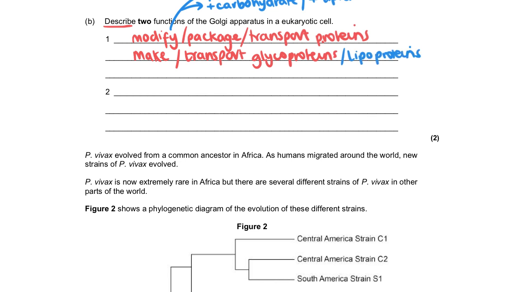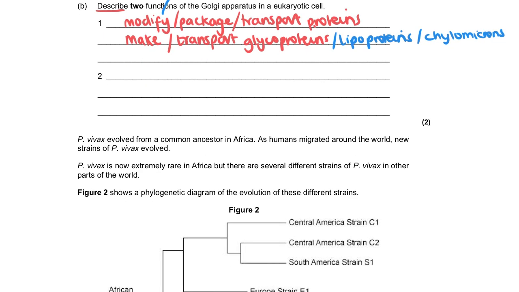And just for clarity's sake, for this last mark, you could have also said that we're producing chylomicrons. Chylomicrons we've seen in the digestion and absorption of fats in topic 3, I believe. So if you're not sure about that, please go and double check. And your second mark for this question is to say that we are going to modify, package, or transport lipids.